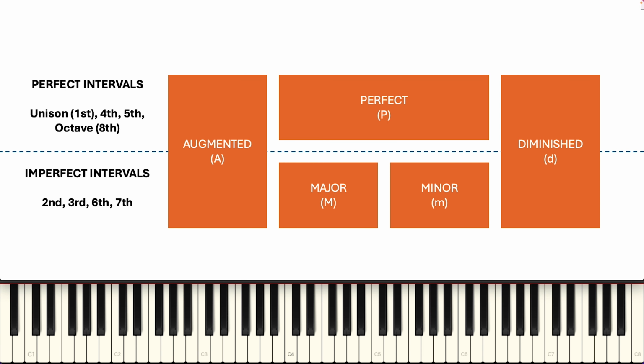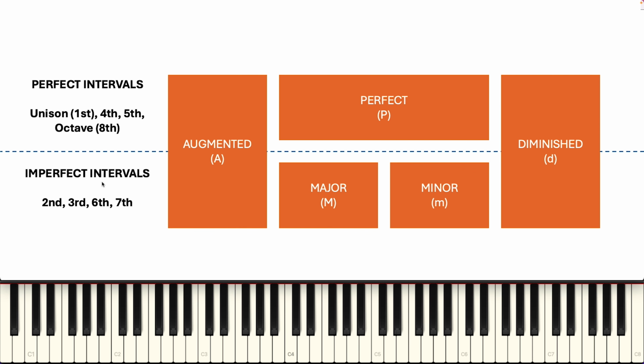All intervals are grouped into either perfect intervals, and here we have the unison, which is the first, the fourth, the fifth, and the octave, which is the eighth, or imperfect intervals, which are the second, third, sixth, and seventh. The perfect intervals are by default perfect, so that's their default position, and from there they can be either augmented or diminished. So they have 3 possible qualities.